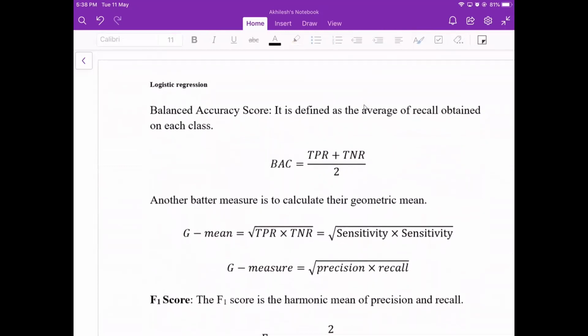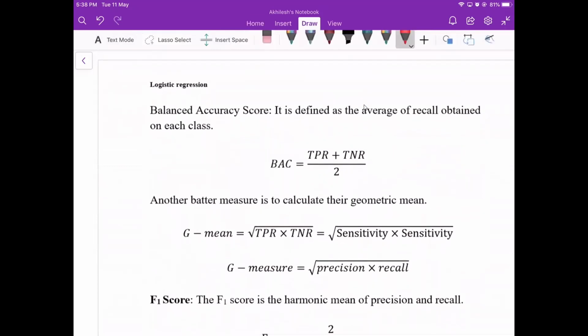Third one is the balanced accuracy score. Some more metrics. Balanced accuracy score is defined as the average of true positive rate and true negative rate. And then there is the G mean. Calculate the geometric mean of the true positive rate and true negative rate.